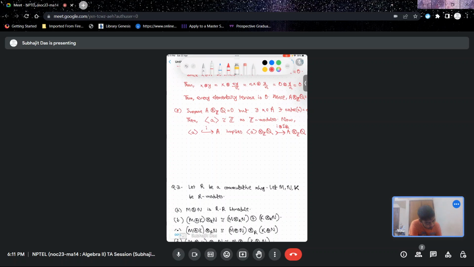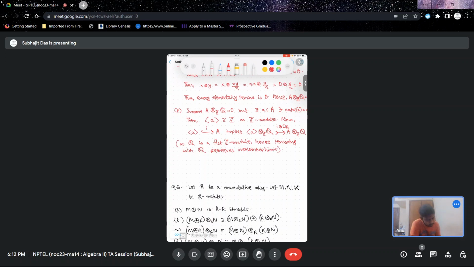Okay, as Q is a flat Z module, hence tensoring with Q preserves monomorphisms or injections.